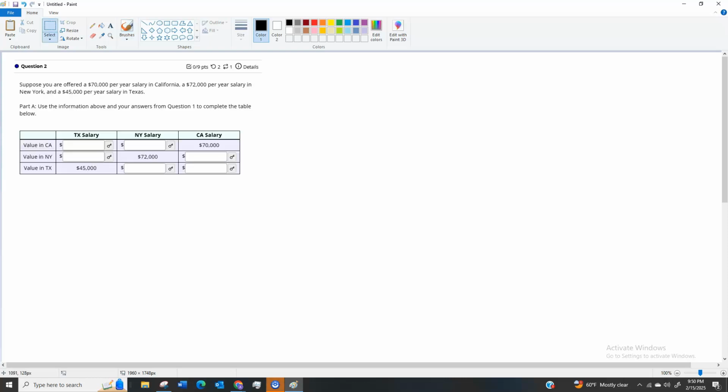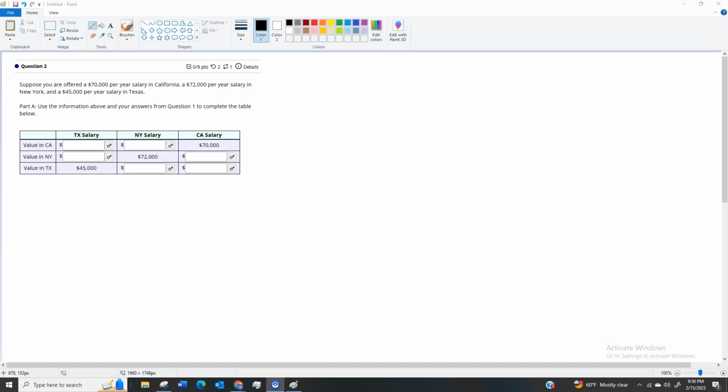All right. So now what we're going to do is take the value in Texas, and I'm going to start with this one up here. So we're using this column, and we're going to fill in these other two spots with this 45,000.